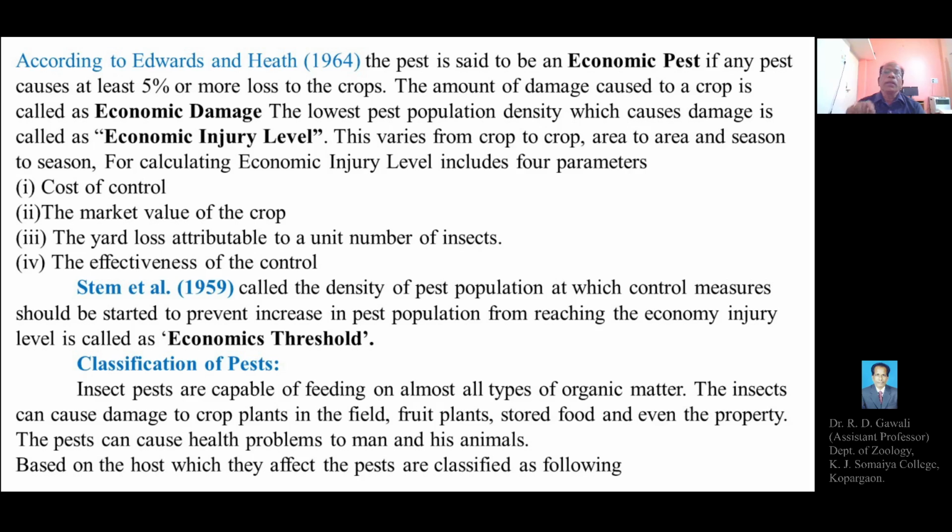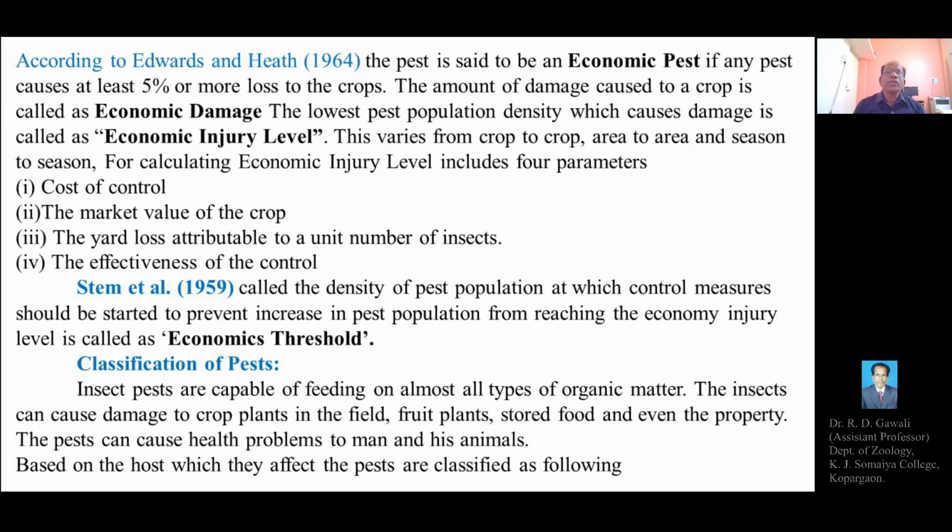When any pest causes at least 5% loss or more of the crops, it is called an economic pest. The amount of damage caused to a crop is called economic damage.